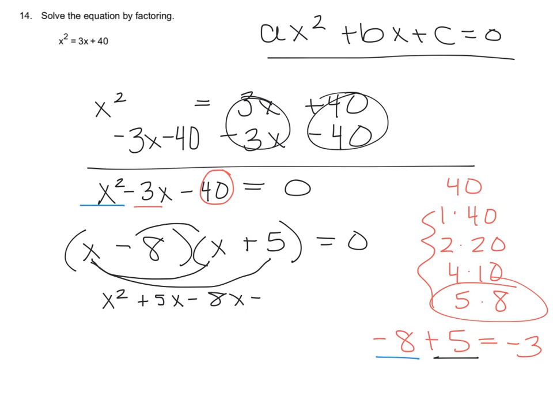And then my last terms, a negative 8 times a positive 5 will give me a negative 40. When I combine the middle terms, I get x squared minus 3x minus 40, which is the original equation that I factored. So I know that these factors, x minus 8 times x plus 5, are correct.